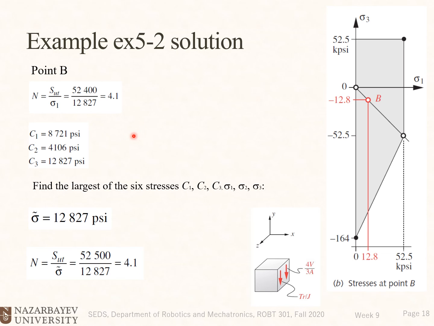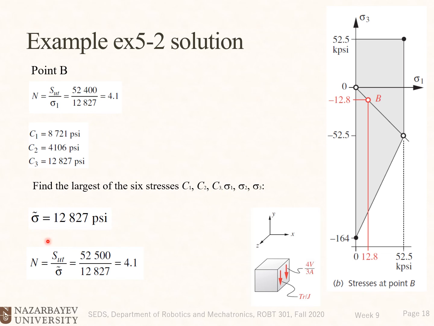Or we could go through the alternative calculation and finding the effective stress. So we could find constants C1, C2, and C3. You need to plug numbers of sigma 1, sigma 2, sigma 3, SUT, SUC into the formula and find these numbers. Once you have these numbers, now you could find the maximum of C1, C2, C3, sigma 1, sigma 2, sigma 3.